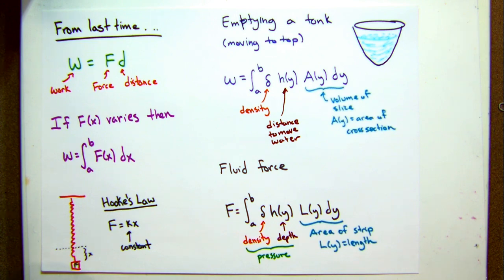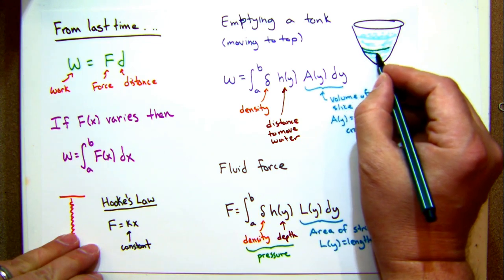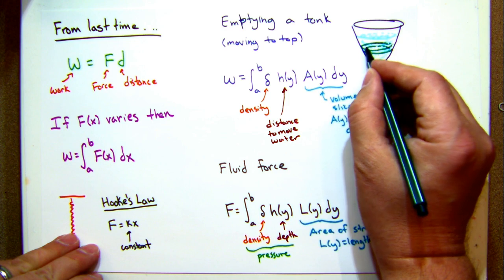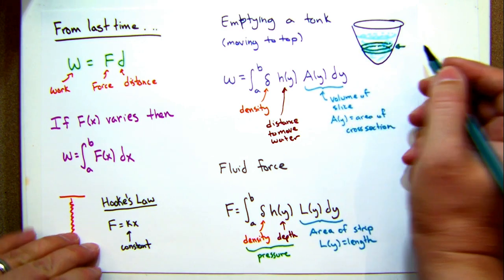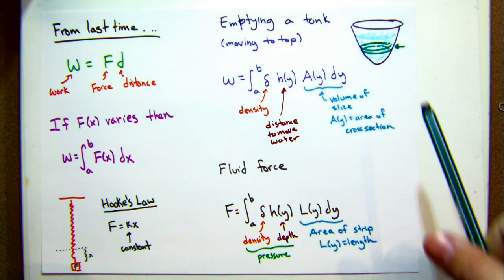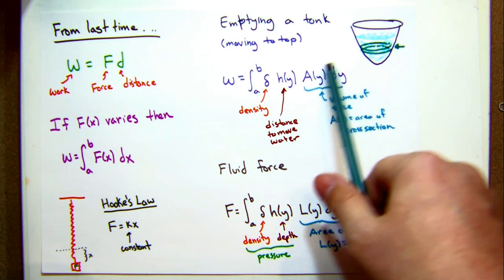Well, the idea is we're really going to think about taking things as a very small, thin slice. So I'm taking a really small bit of the water here. So it's like I've come here and I say, look, how much work do I have to do to lift that little bit of water? Well, I have to figure out how much water there is.